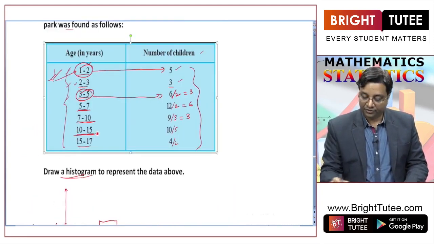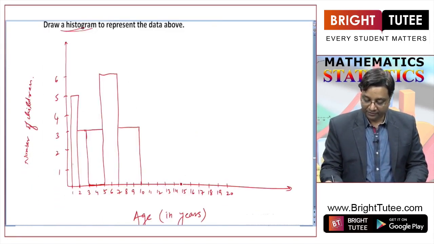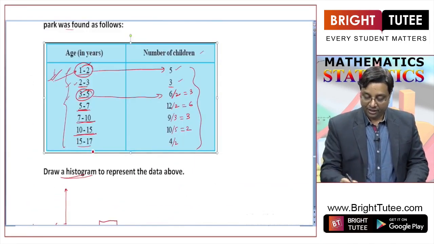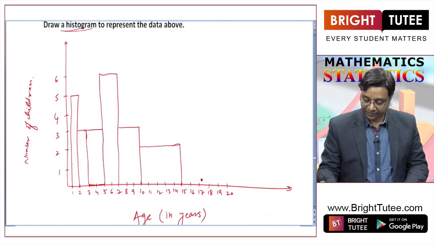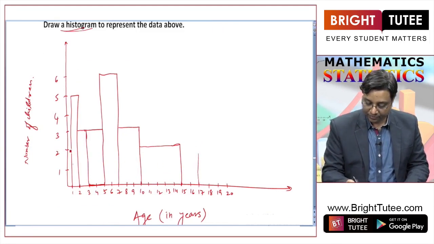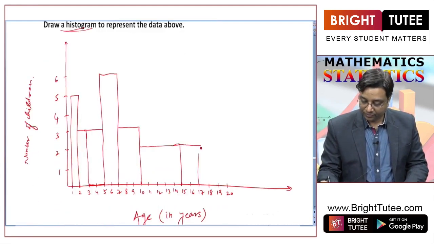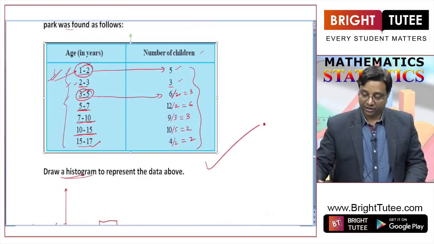And the next class is 10 to 15 and the height will be 2. 10 to 15 up to here. Like this. Okay. 15 to 17 it will be 2 again. Okay. So this is the histogram for this given data.